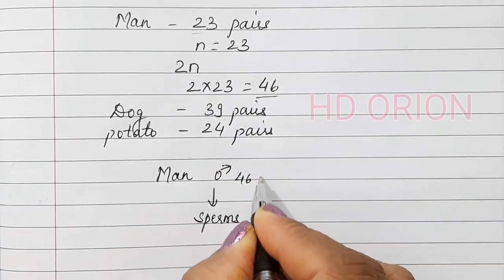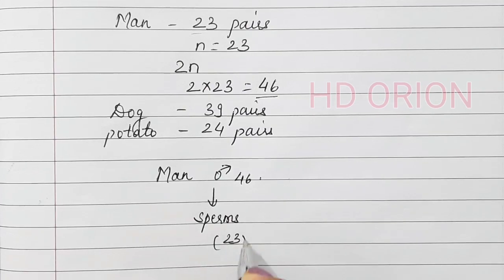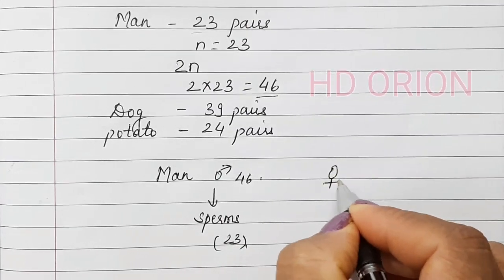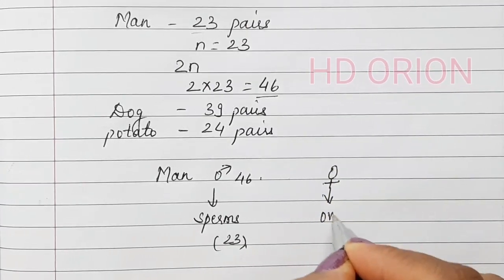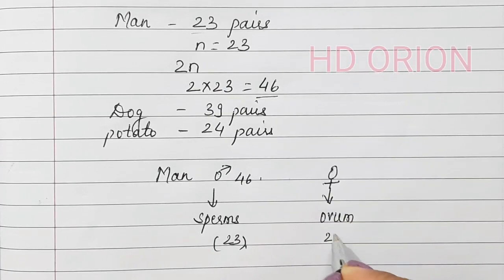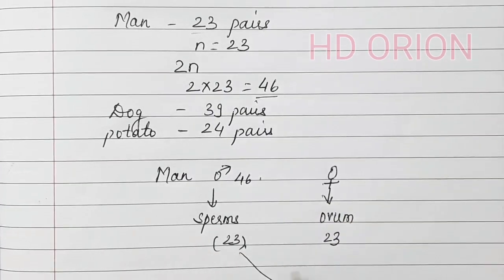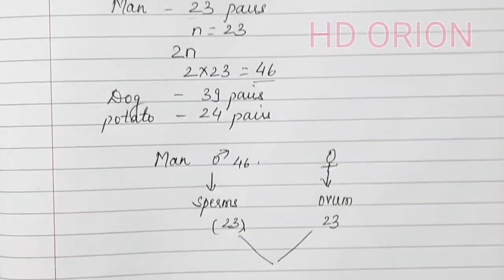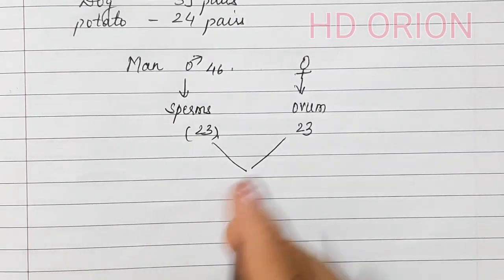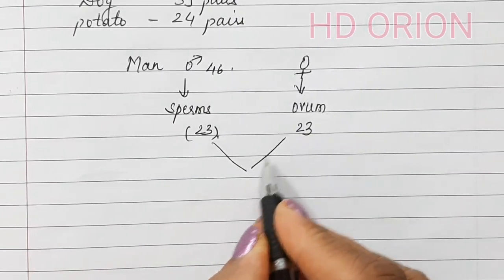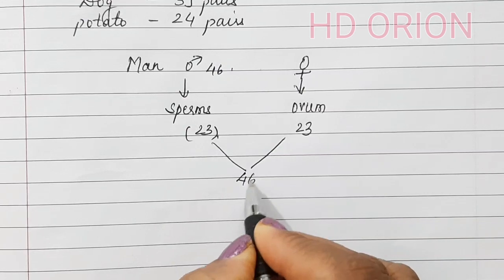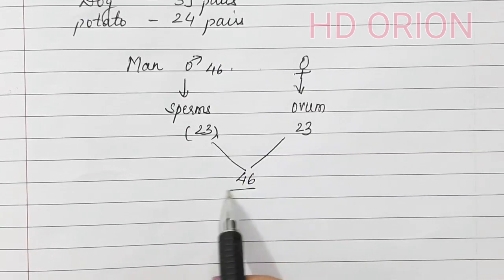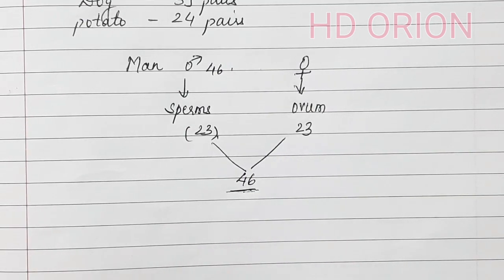Here it was 46, but sperms are 23. And a female produces the ovum, which is again 23. And during fertilization, each gamete fertilizes and forms or regains the original 46 number.